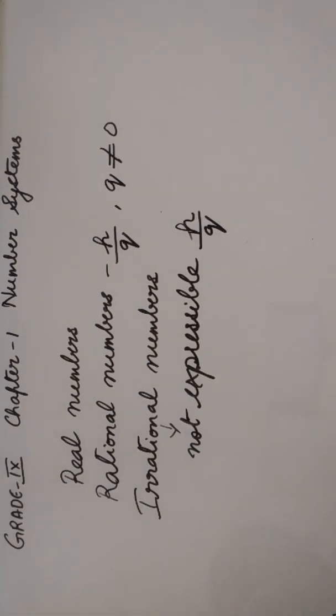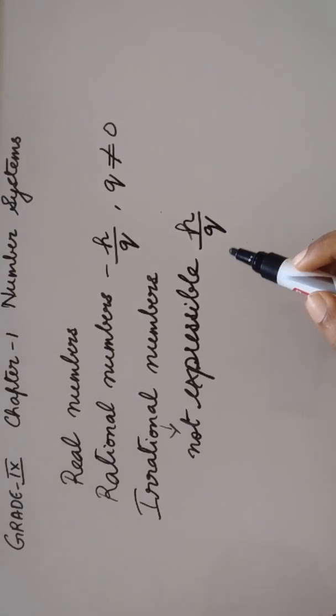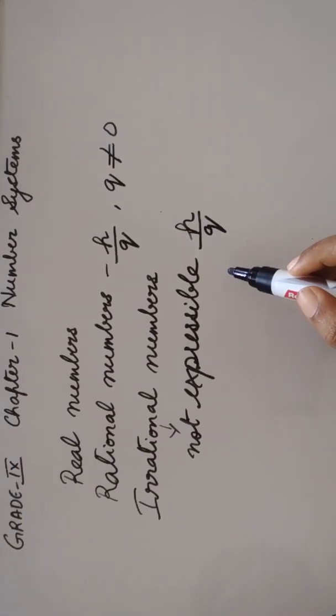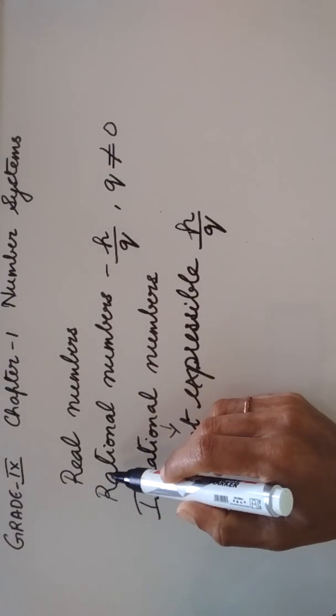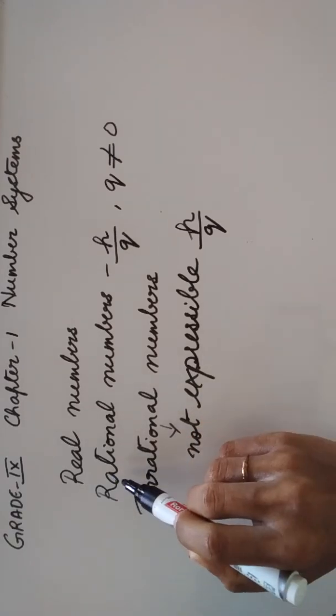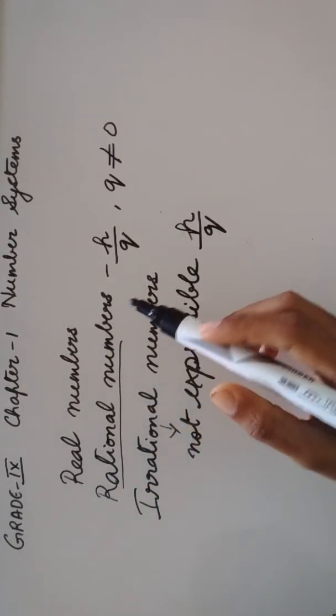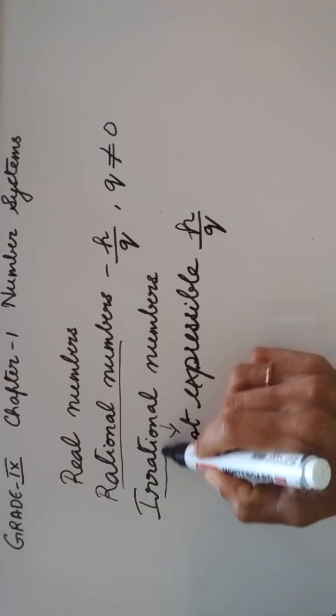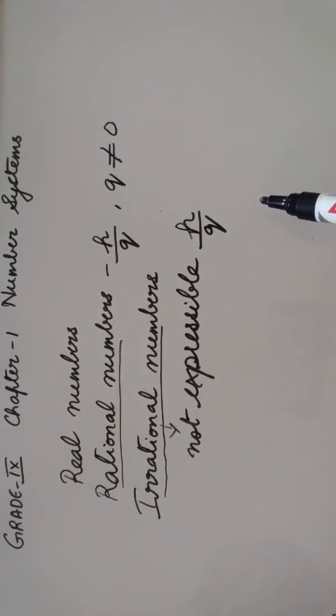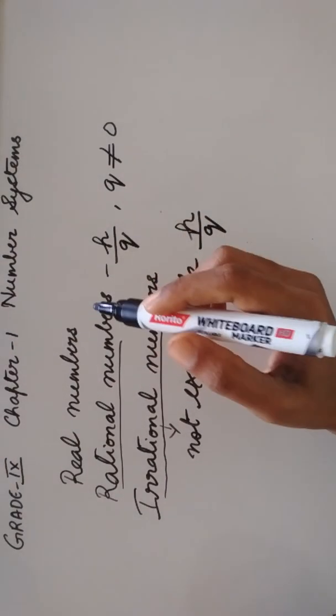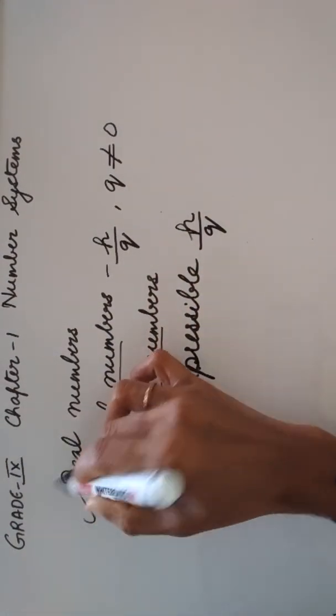So this is a special category of numbers. The collection of all rational numbers and all irrational numbers together make up what we call the real numbers.